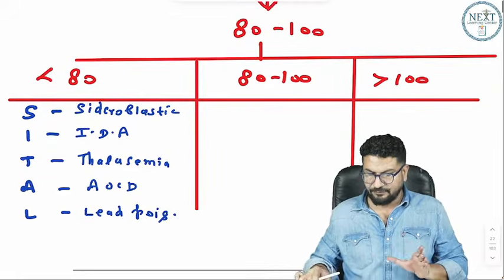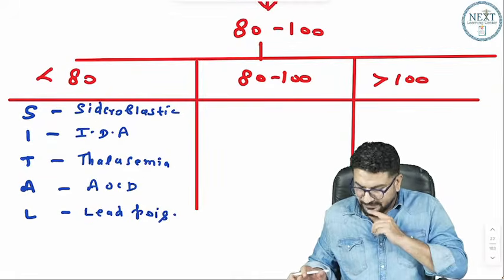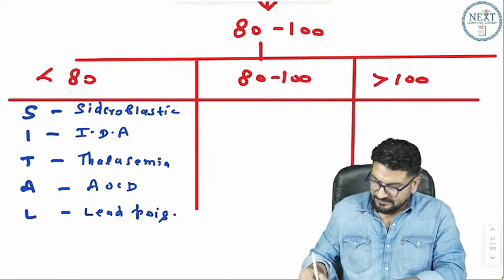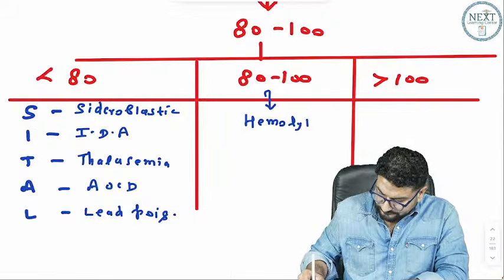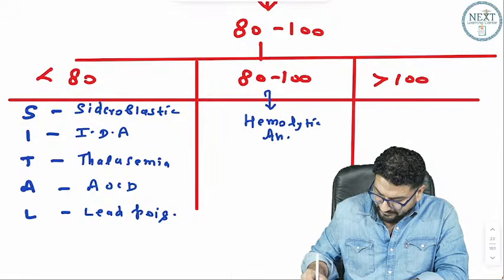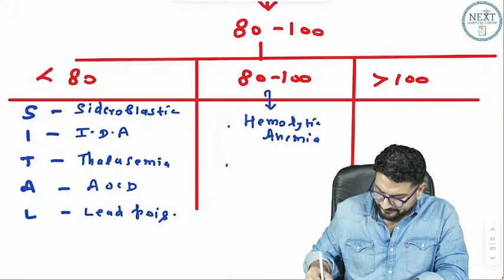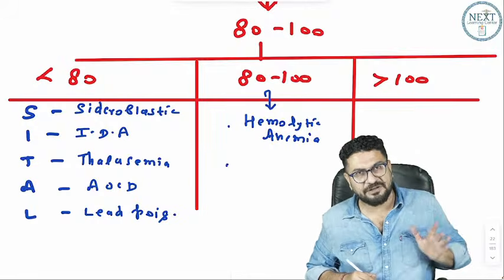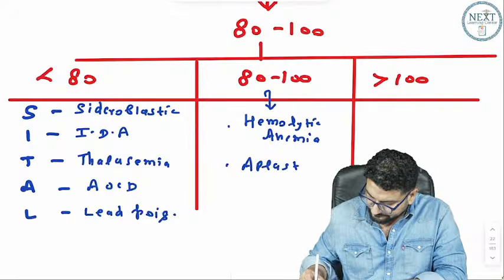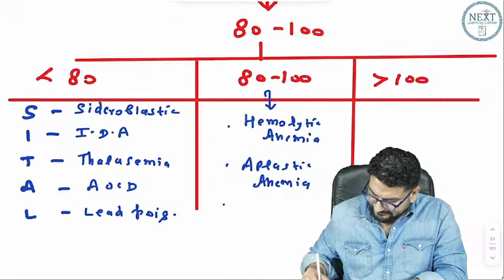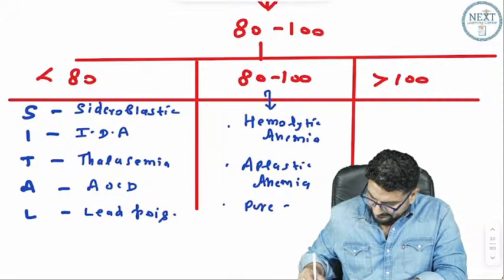So first thing you have to see is the MCV value. Now look at this. Suppose the MCV value is normal, then it is mostly hemolytic anemia. If it is not hemolytic anemia, then it's a problem of the bone marrow, like parvovirus B19 infection. So it could be either aplastic anemia, or I can say it could be pure red cell aplasia.